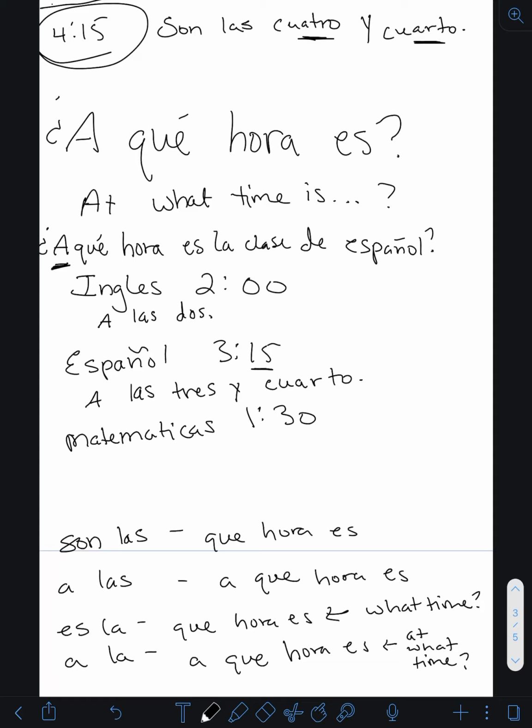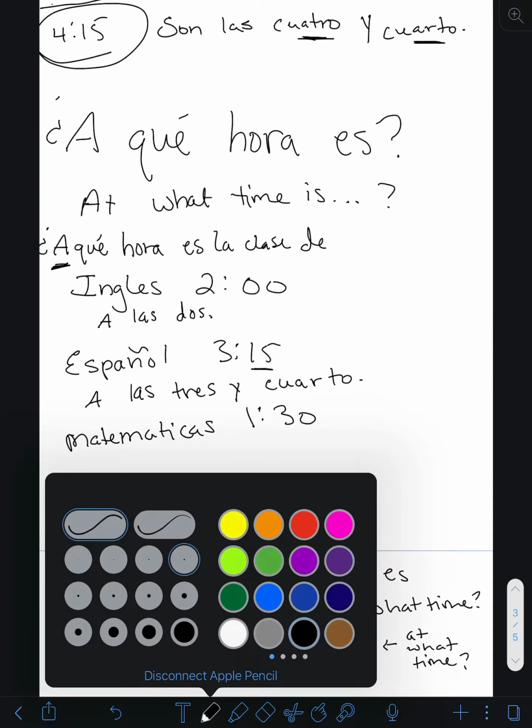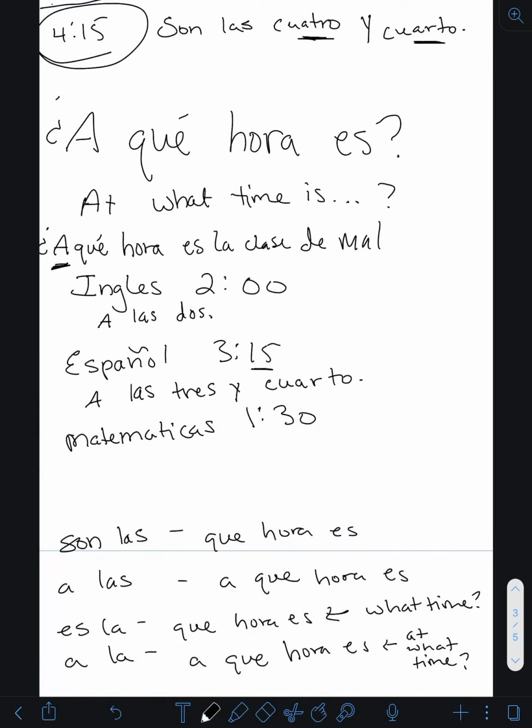And the last one here. A qué hora es la clase de matemáticas, right? Is it a las, son las, a la, or es la?